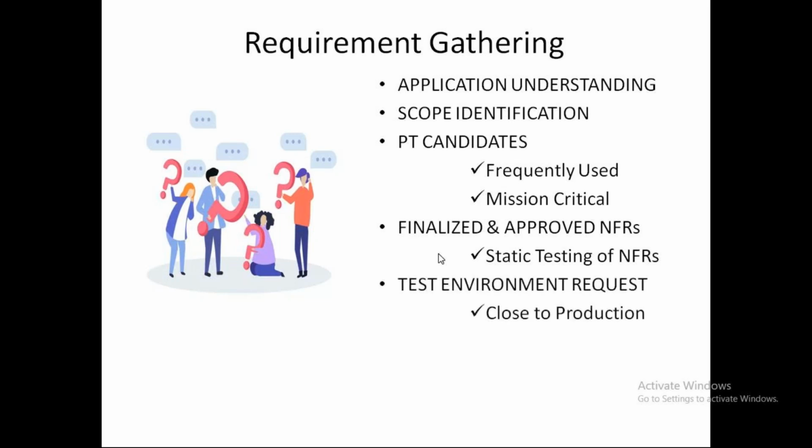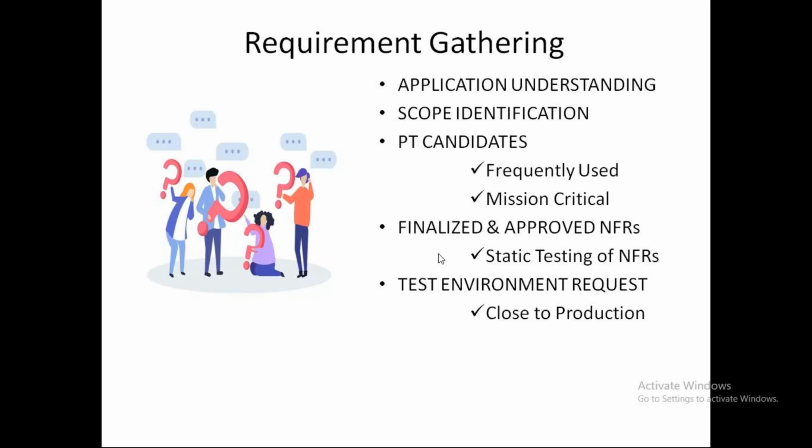Then comes your test environment, the performance test environment. Now who will provide you the environment? Again, there is another team in your project, the environment team. The environment team will provision the performance test environment to you.